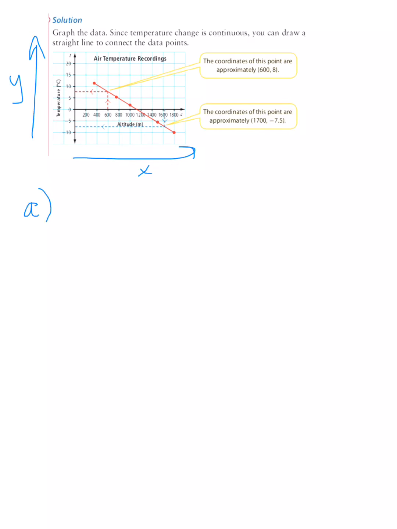So it says interpolate the value for the air temperature when the balloon was at a height or altitude when the altitude is 600 meters. We want to know what the temperature was. Okay, so all we're going to do is look at this graph and find where the altitude is 600 meters. Well, you see they started it for us.